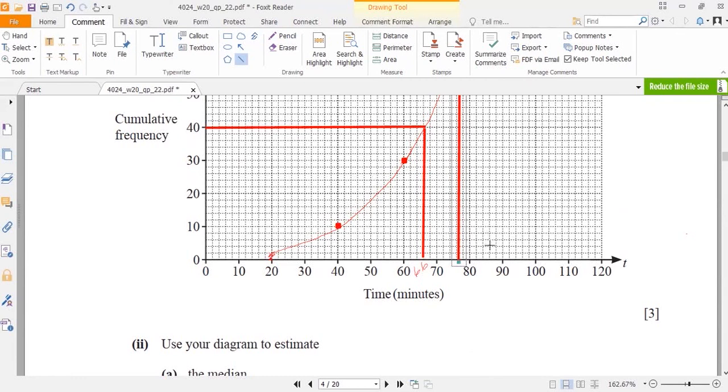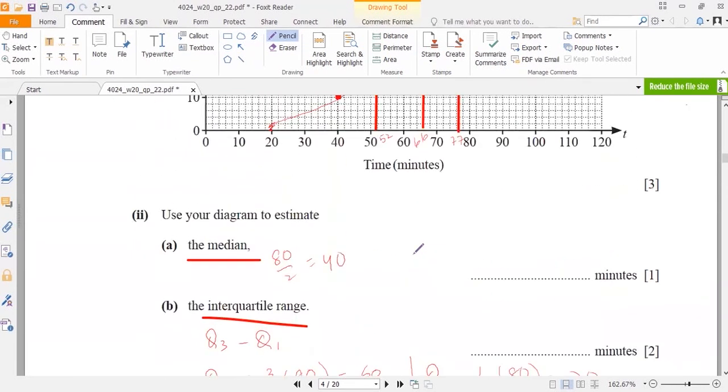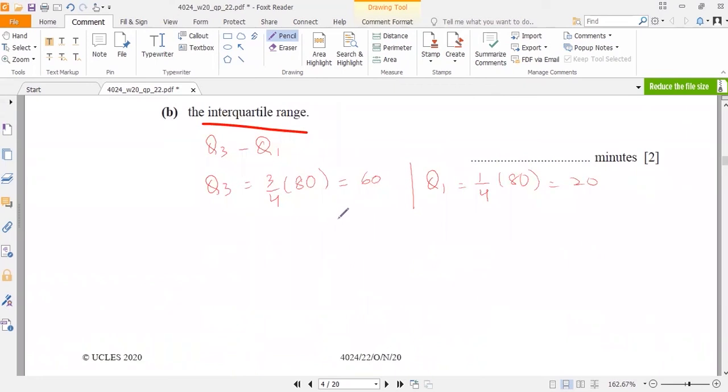This is around 77. And for Q1, that is 20, here we have 52. So the interquartile range will be 77 minus 52, which equals 26.